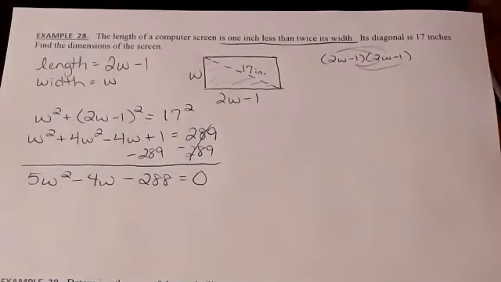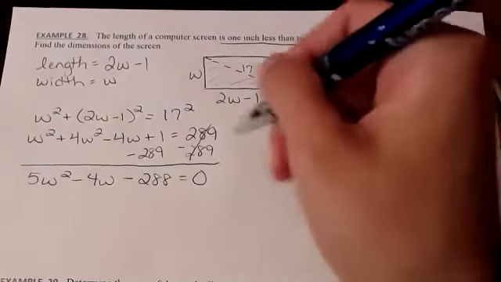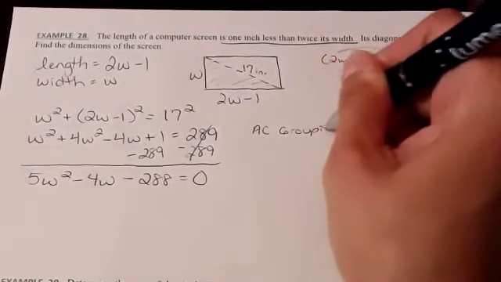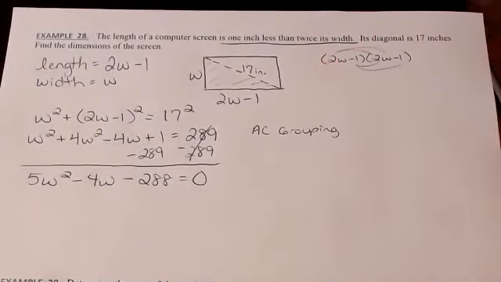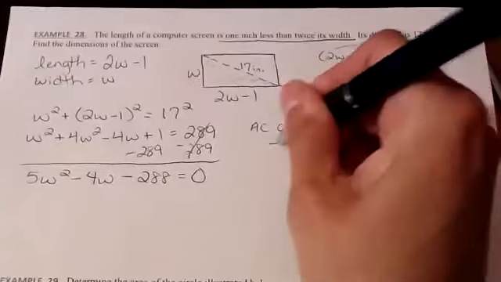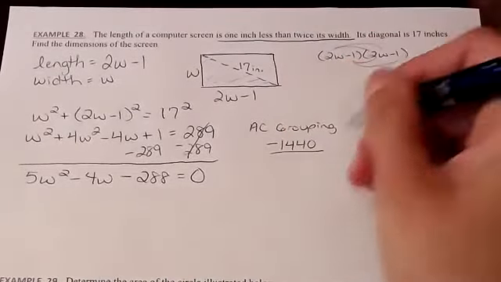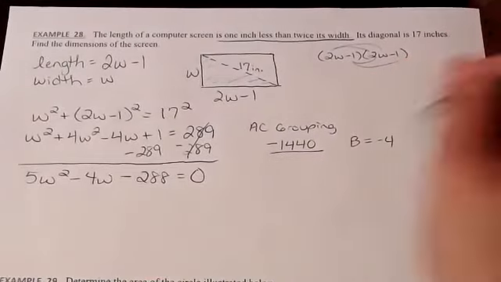Now for this particular problem, we definitely want to use AC grouping. So I'm just going to write that here, AC grouping. And we want to find factors of, let's do a times c, so 5 times the negative 288, which gives me negative 1440. We want factors of negative 1440 that combine to give me negative 4.